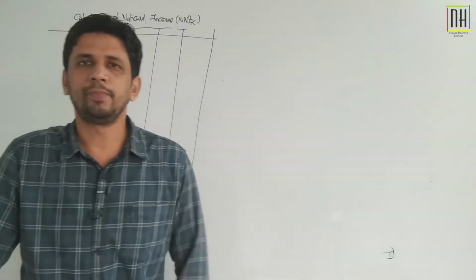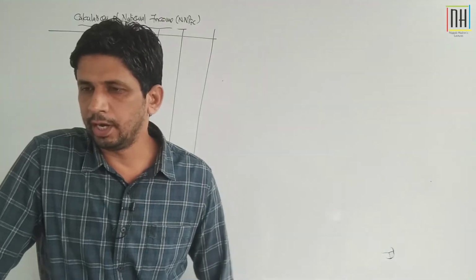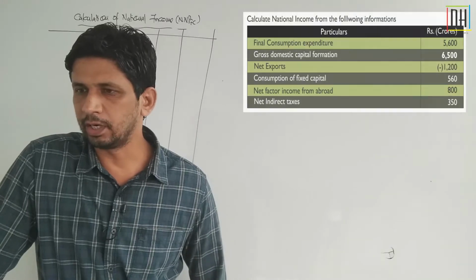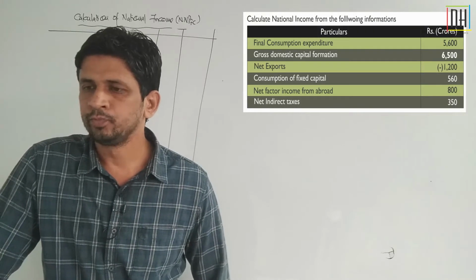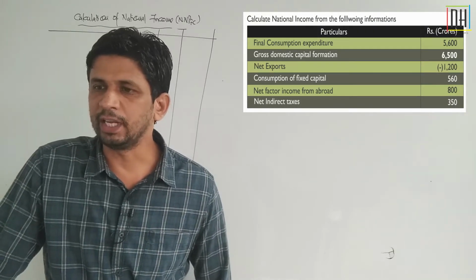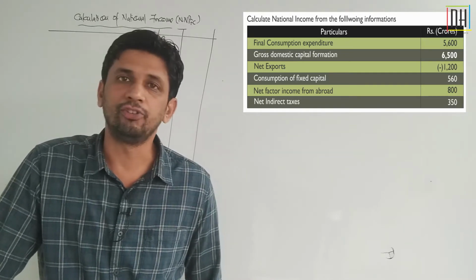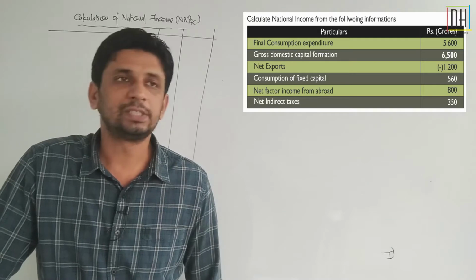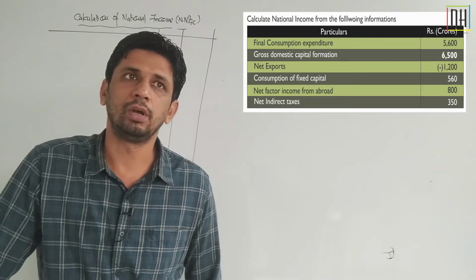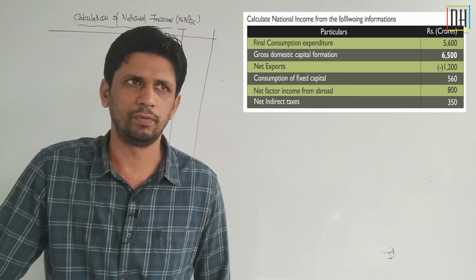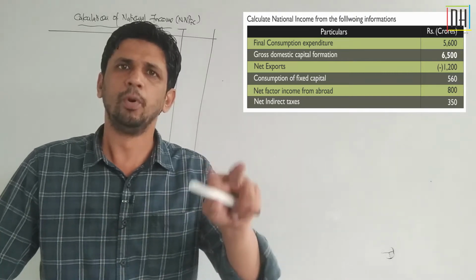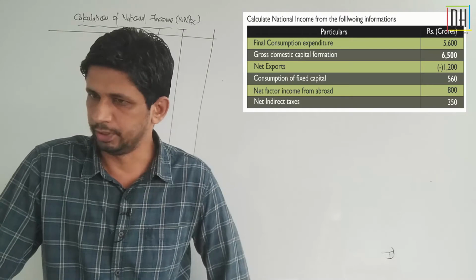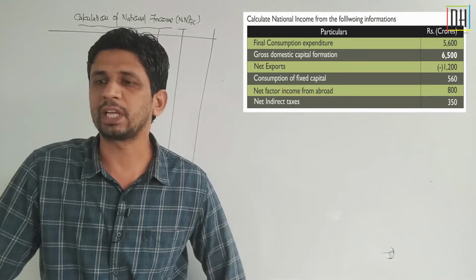Our first numerical is: calculate national income and NNP at FC by the expenditure method from the following information. First information is final consumption expenditure. Nothing is mentioned about whether it is private or government, so we will consider that it includes both. Next is gross domestic capital formation.